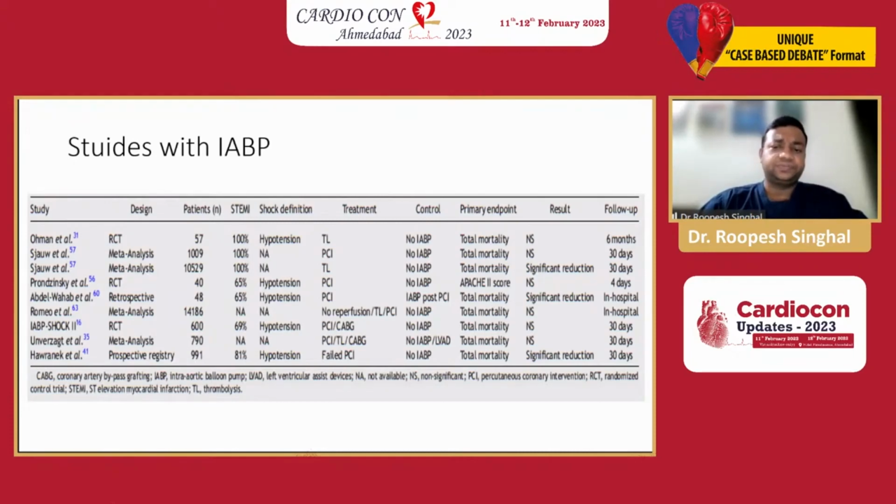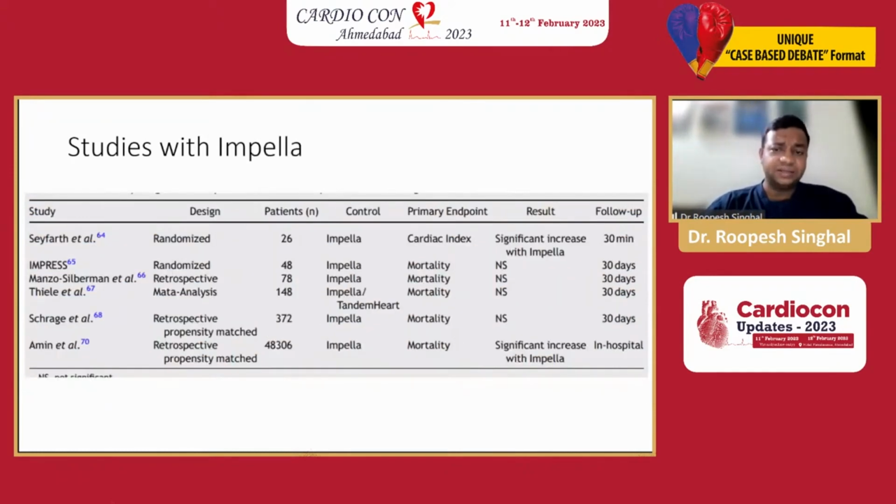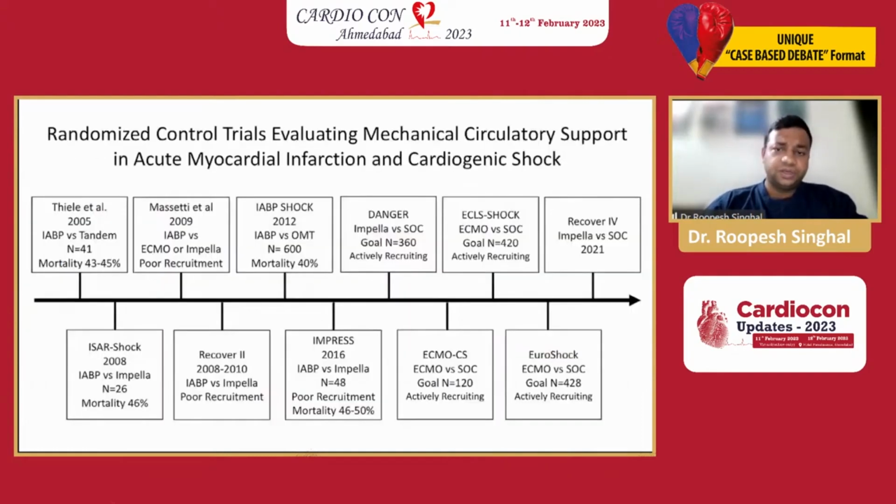But there are enough studies now which showed that IABP had mortality reduction in patients with failed PCI or in high-risk patients undergoing PCI for acute myocardial infarction. Similarly with Impella, again, the data is slightly dicey. It's more the use that has been coming up because of various factors, because of the kind of support and the pathophysiology that Impella offers.